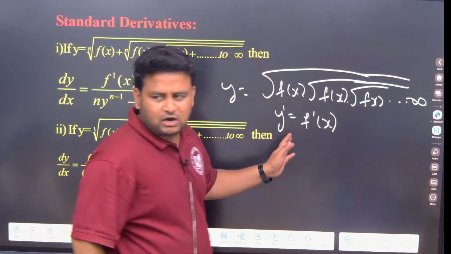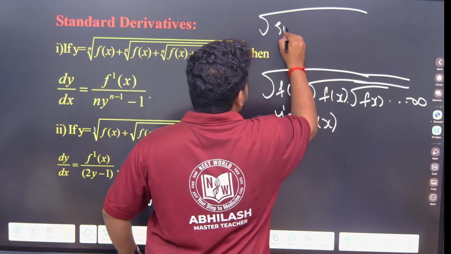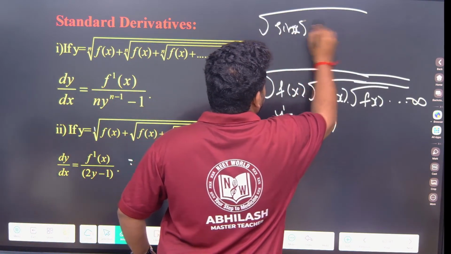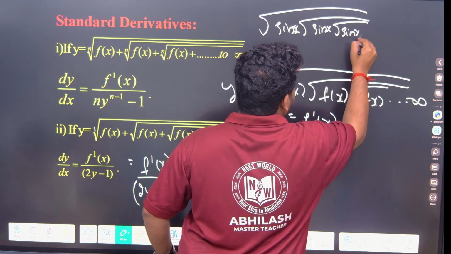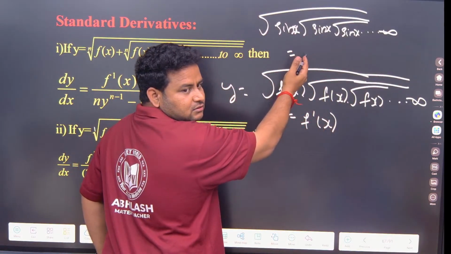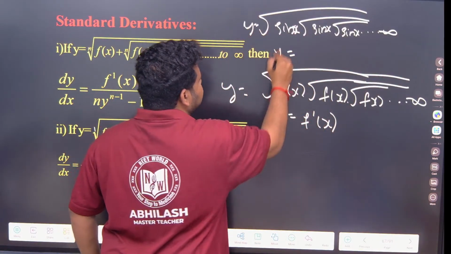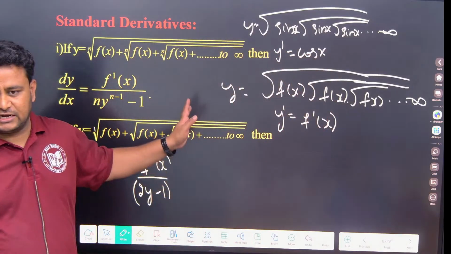Suppose they have given square root of sin x, again square root of sin x, up to infinity, the answer is f dash of x, that means derivative of sin, so y dash will be cos x. That's all. Directly you can do.